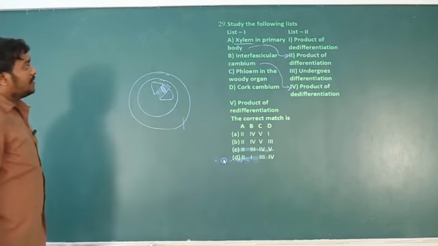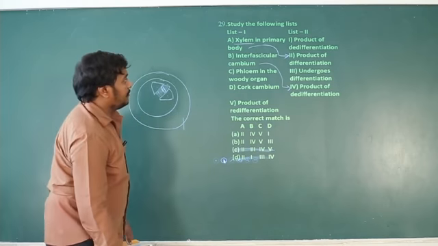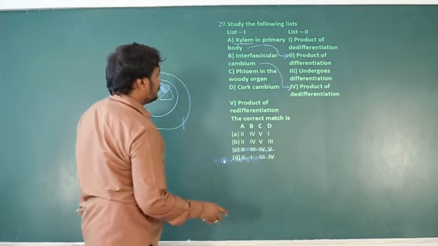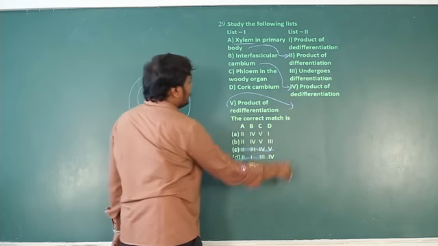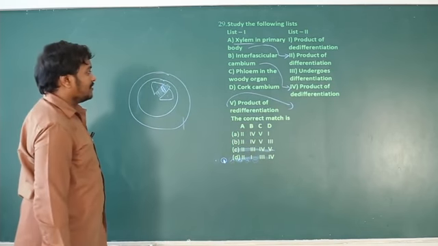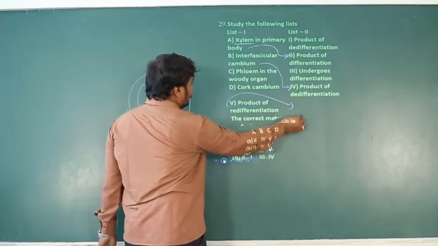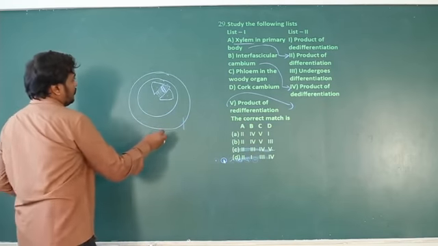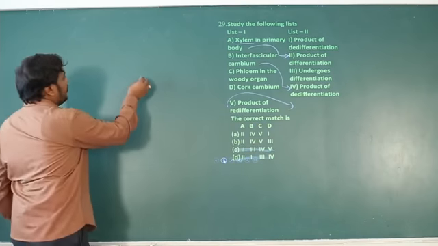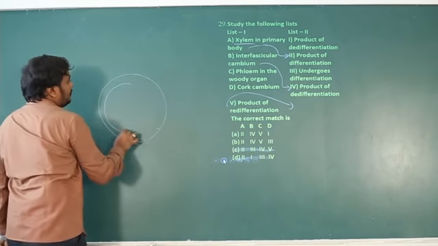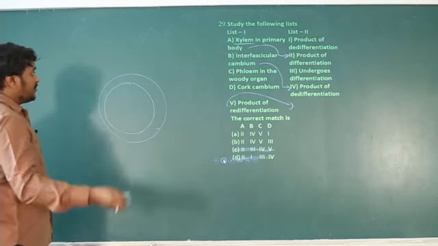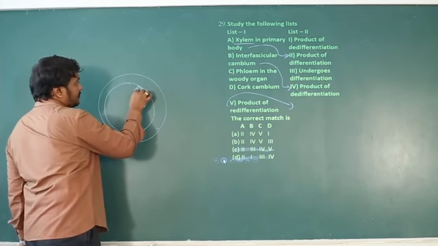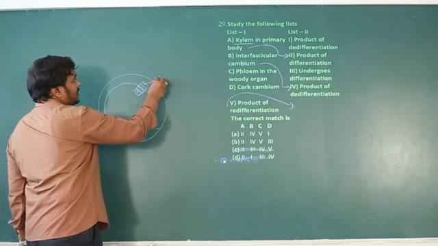Then phloem in the woody organ, then cork cambium. Sorry, this has come to this side, so it should be here, product of redifferentiation. So the fifth option should come here. See, phloem in the woody organ. Phloem during secondary growth, that cambium is the product of de-differentiation. This undergoes division to form a few cells inside that become secondary xylem, and the cells that become secondary phloem.